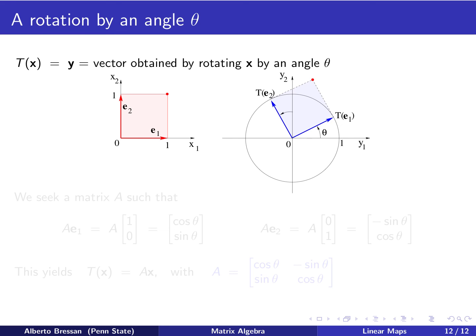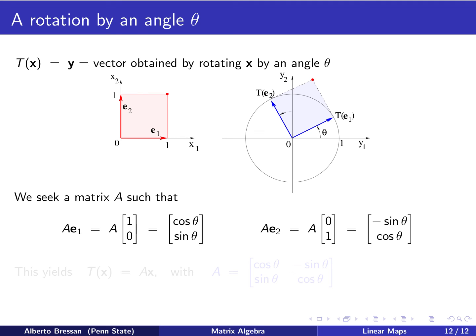We want to transform a unit square here into also a unit square, but rotated by angle theta. So the E1 here will be TE1 and the E2 here is TE2. And we want to identify the 2 by 2 matrix A that will make this rotation.